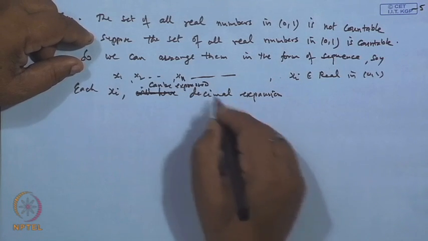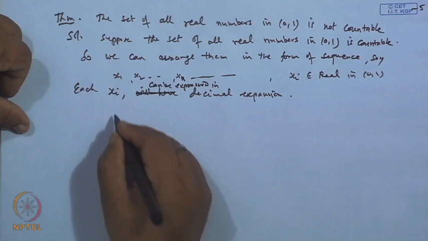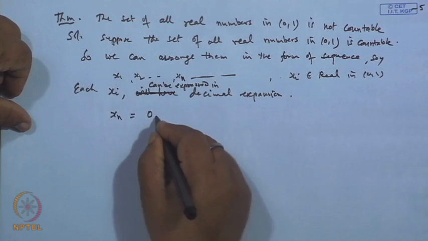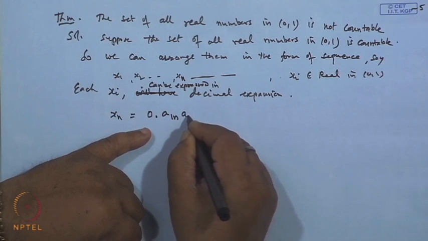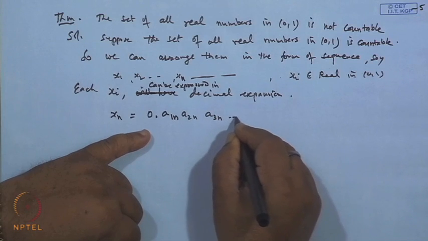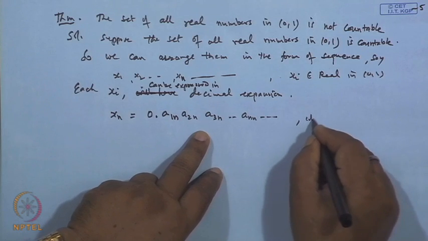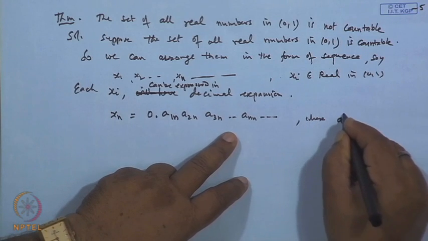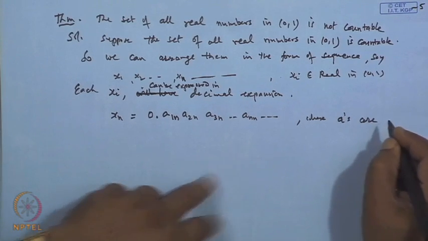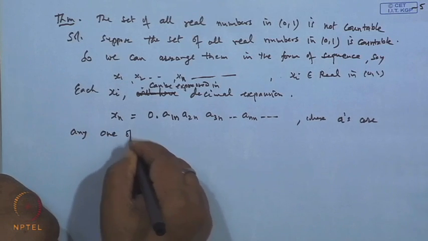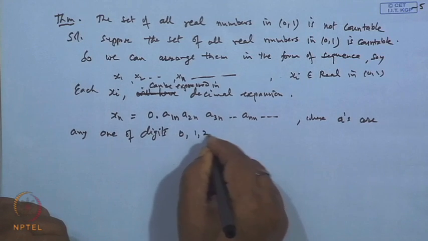So, let us suppose x n has the decimal expansion 0.a1n a2n a3n ... ann and so on, where each of these a's is any one of the digits 0, 1, 2 up to 9.